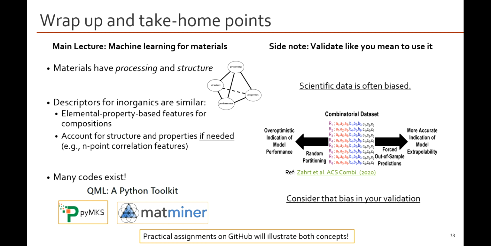And as in molecular machine learning, there are many codes like QML or MapMiner that might give you a good starting point for building a machine learning model on your materials data. These would be the kind of tools that we're going to learn about in the practical assignments from GitHub. And you're also going to get some practice with developing cross-validation techniques that go beyond those which you can find in scikit-learn.